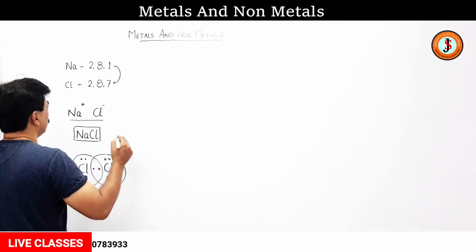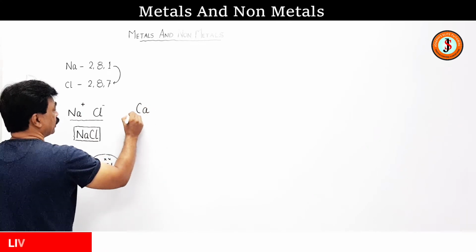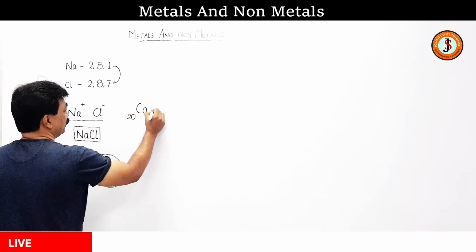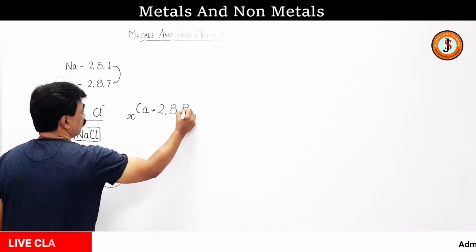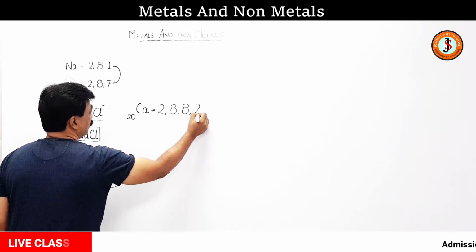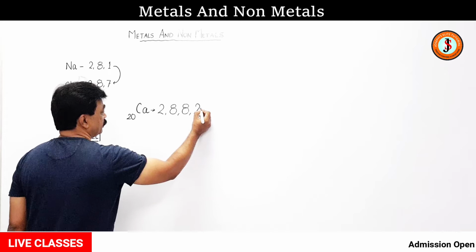For example, if somebody gives you calcium, you only have to write the electronic configuration: 2,8,8,2. You will see its outermost orbit contains 2 electrons.